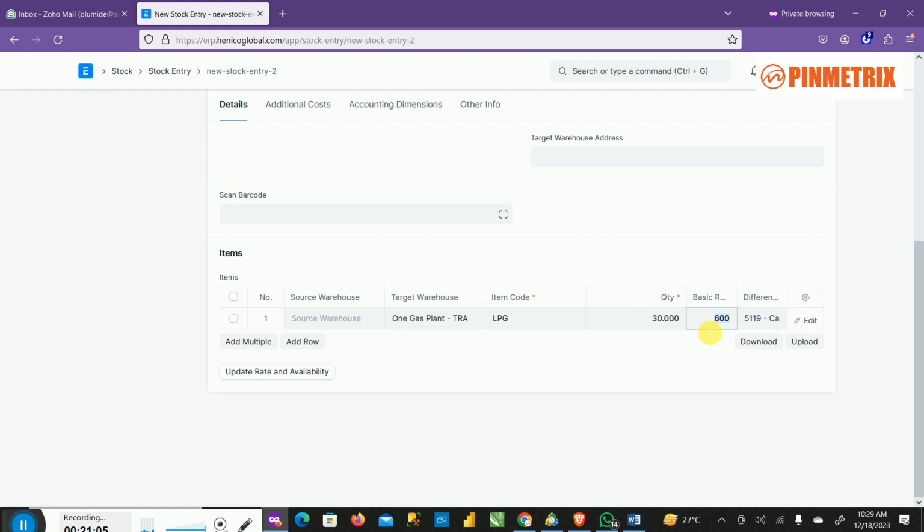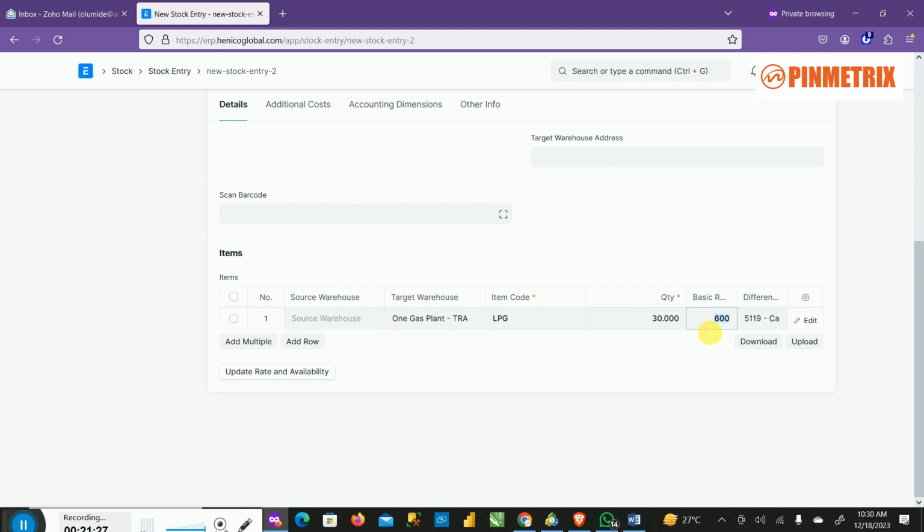Definitely your customer, your external parties, might not tell you, or you might not even discuss the value, because you are just concentrating on the quantity, since when you want to return, you are returning the quantity.